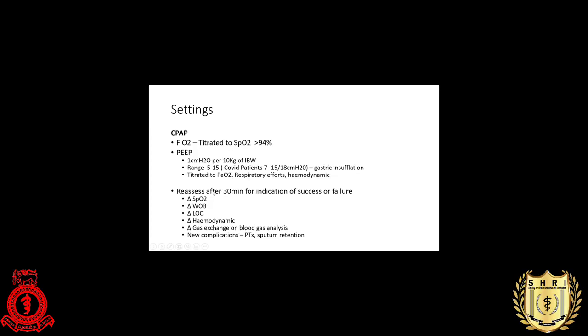You have to check the saturation, the work of breathing, the level of consciousness, and the hemodynamics, and you have to do the ABG and analyze the blood gas. And sometimes the patient can deteriorate due to development of a new complication like pneumothorax and sputum retention.